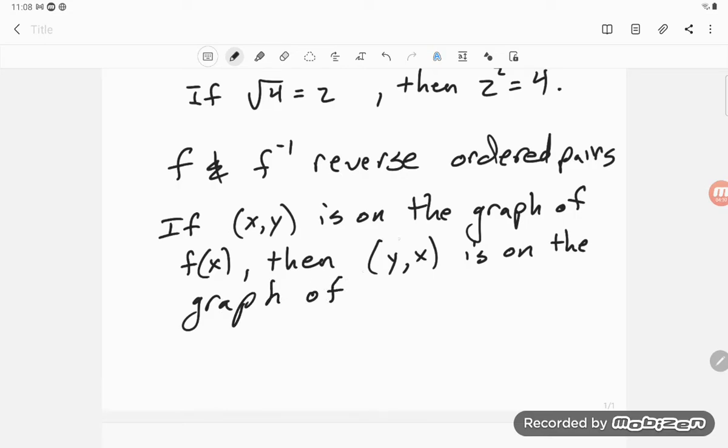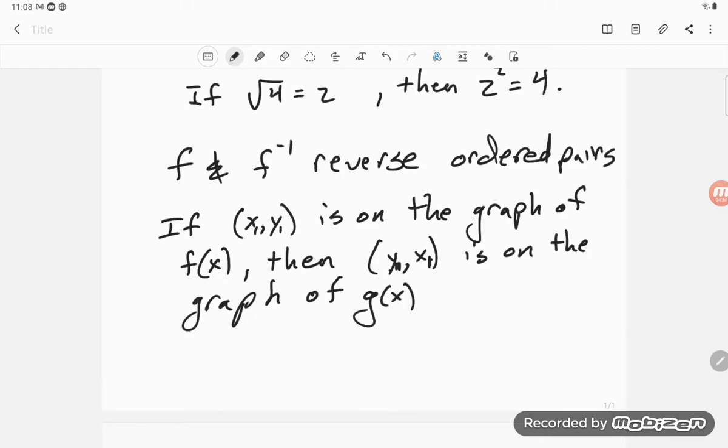g of x. Here's where it looks funny, because the ordered pair here is (y, x), so they're really being used in two different ways. A better thing to do would be to call those specific points x1 and y1, and then y1 and x1.